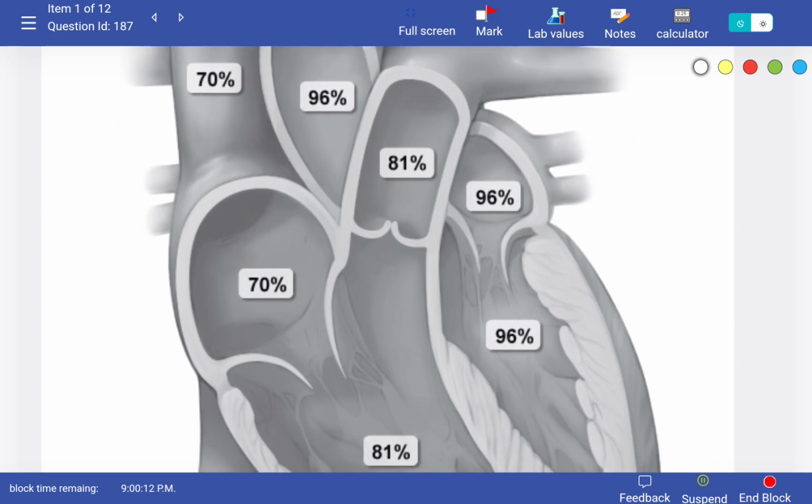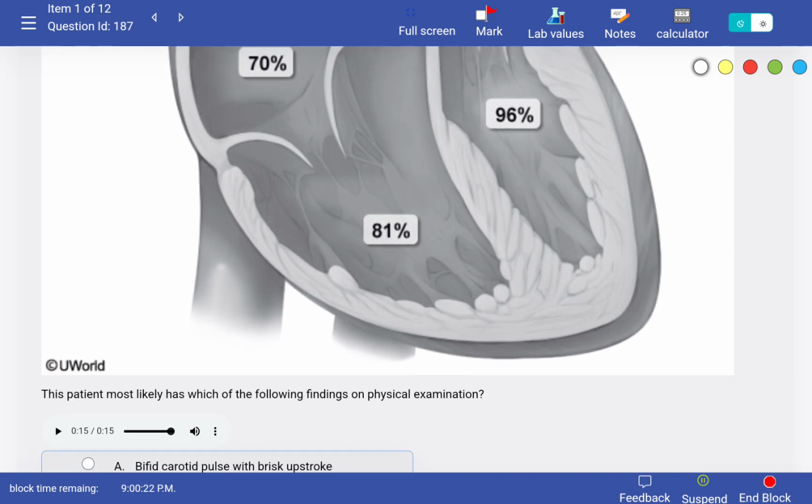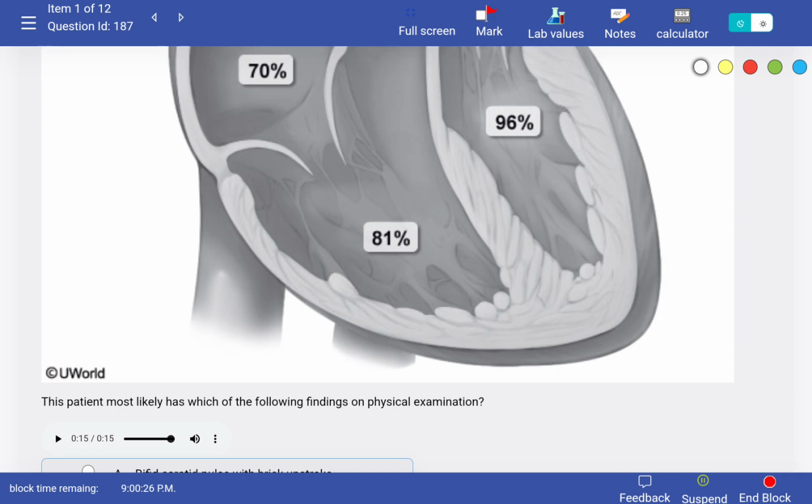And if we go to the lungs and then come back, left atria 96%, and right and left ventricle 96%. This patient most likely has which of the following findings on physical examination? Please listen to this and then give the answer.